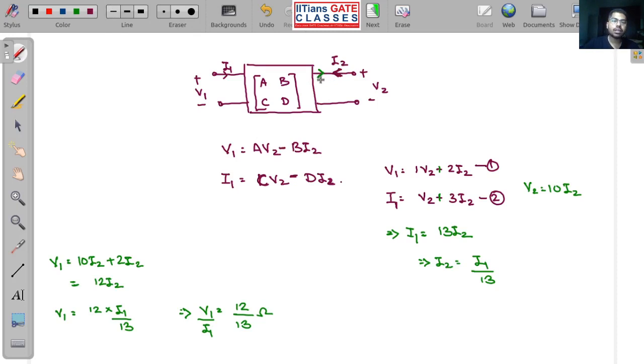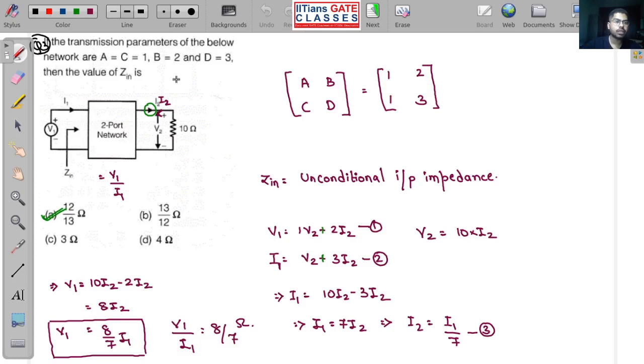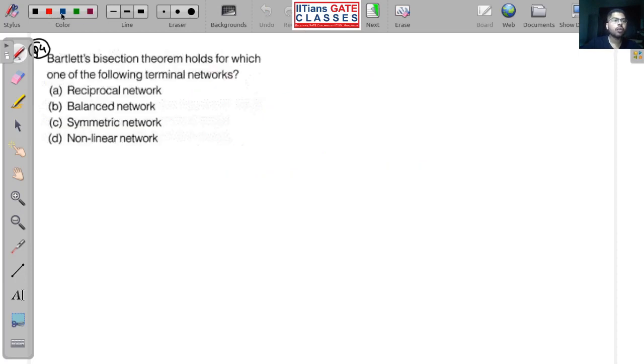If the direction of current is away from the port, then the sign will change wherever there is I2. So keep this in mind. So question number 3 was a good question.